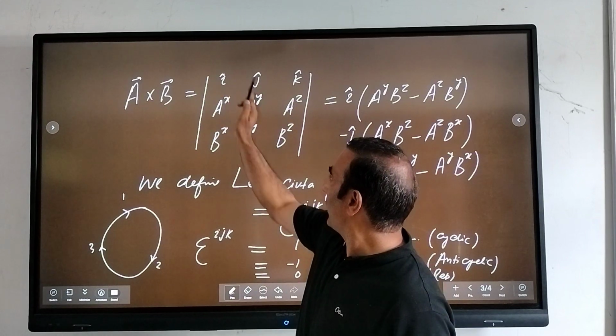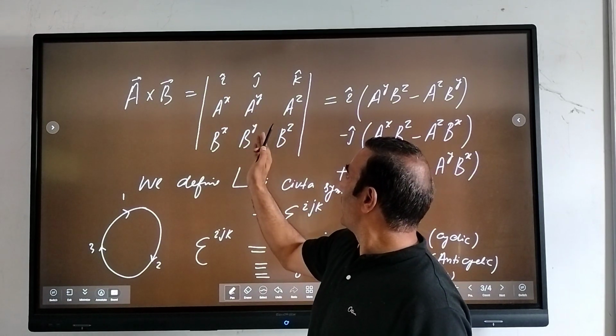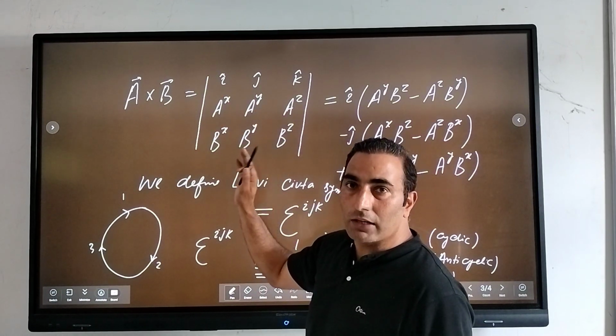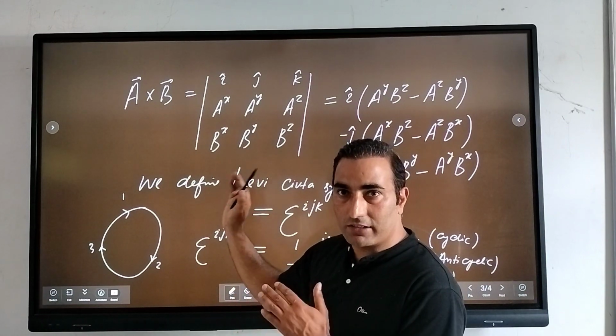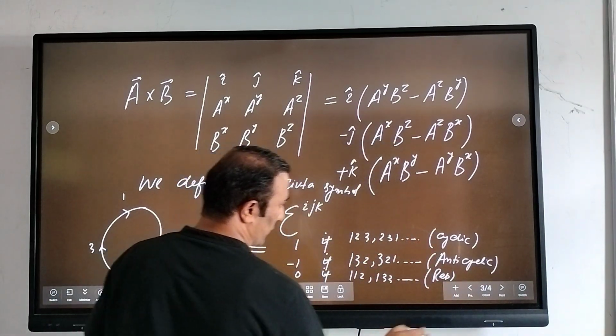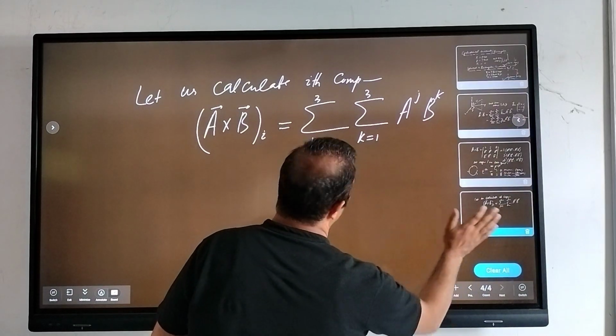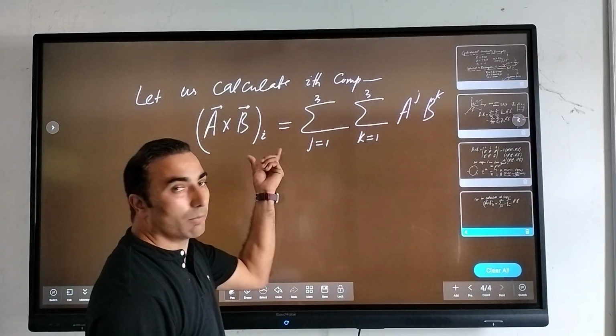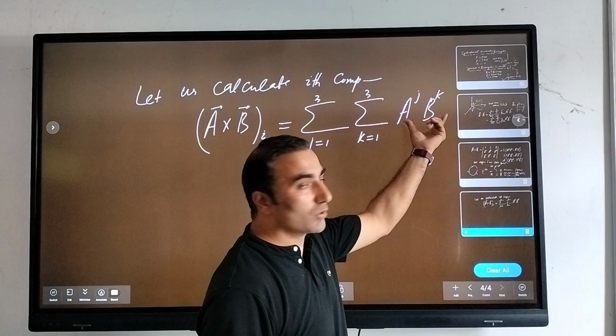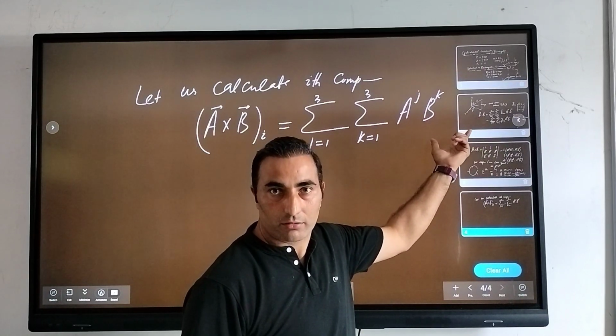Because when we are calculating the ith component, we can have a_y, b_y, and b_z, that means the y and z components. So that is why, if I calculate a cross b of the ith component, which components will be there? My j and k, because i will not be there.